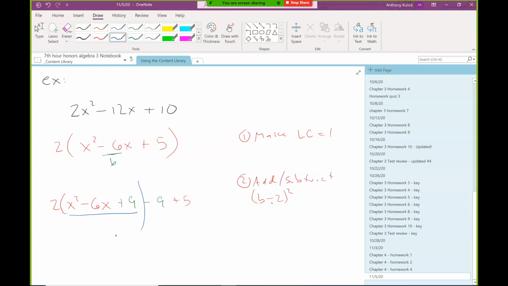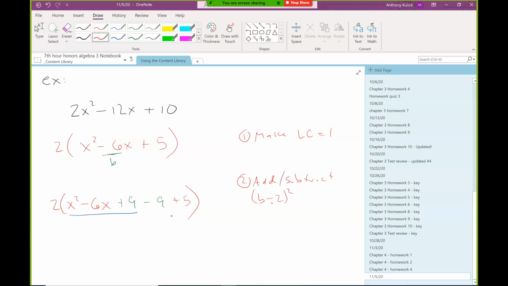No. Why can't I do that? What's the parenthesis around this whole thing saying? Why is the parenthesis got to be there right now? What was that? Multiply by? Right, it's getting multiplied by 2.